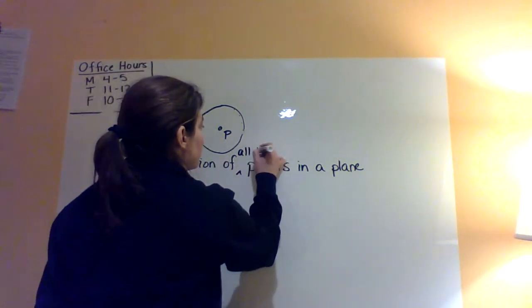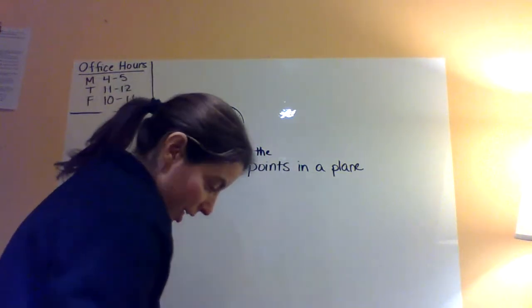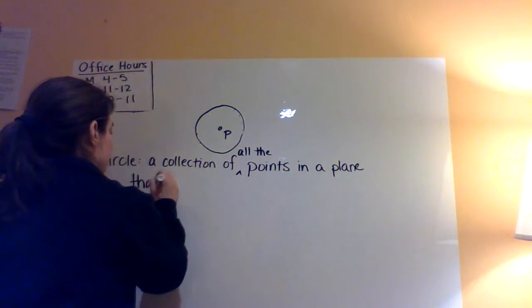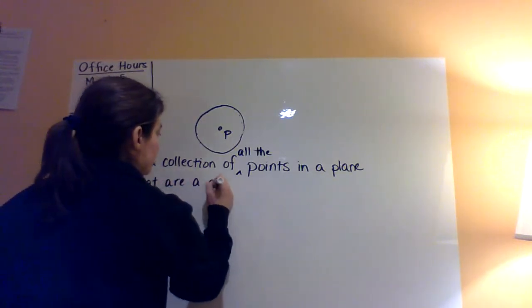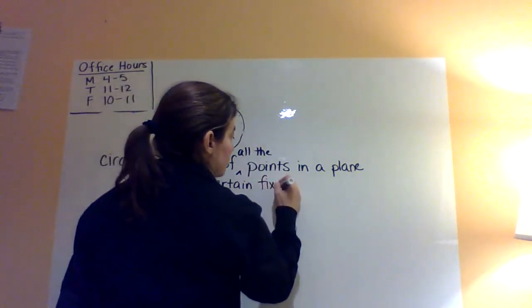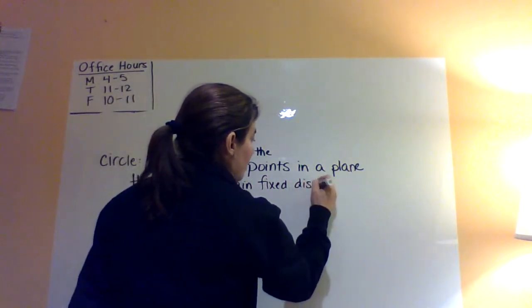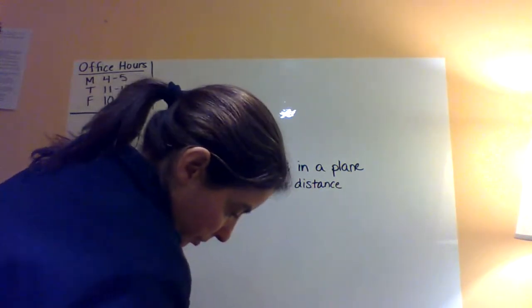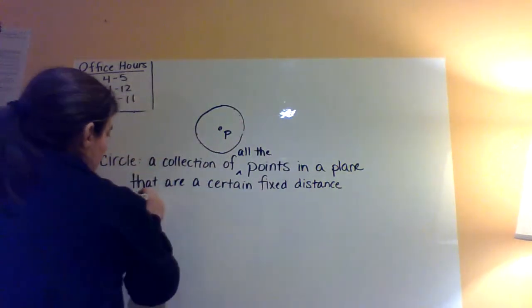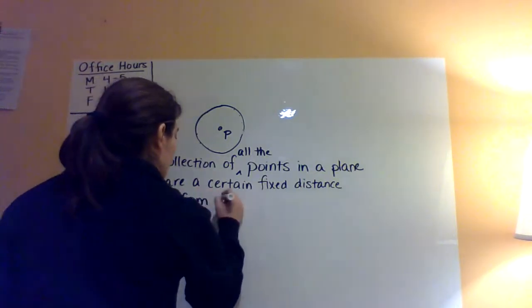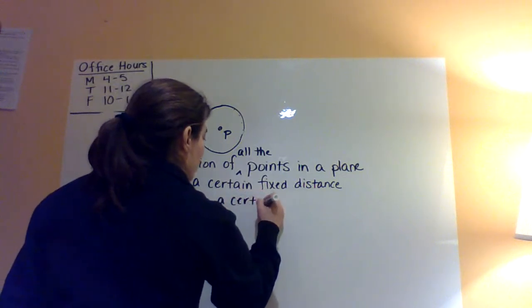all the points in a plane that are a certain fixed distance away from a certain fixed point in the plane.